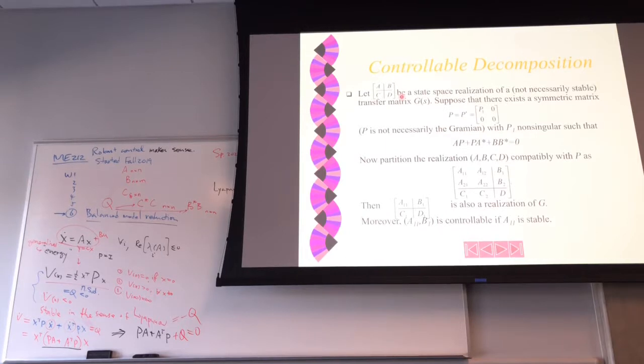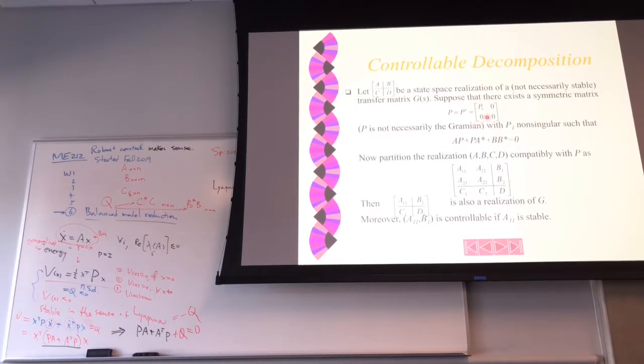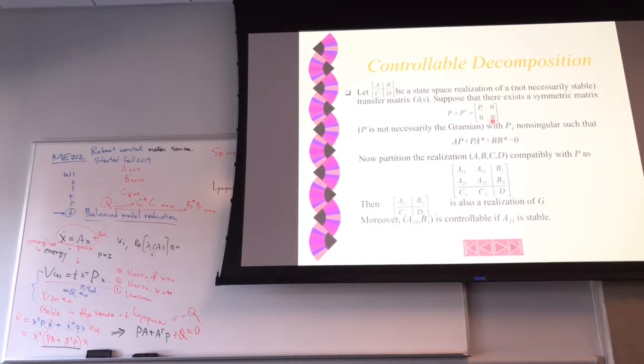One is in the controllable decomposition form. So again, you have a symmetric matrix P. We didn't say this is a Gramian. The P1 part is non-singular and the others are zero. It's always possible to write it this way if it is not full rank.